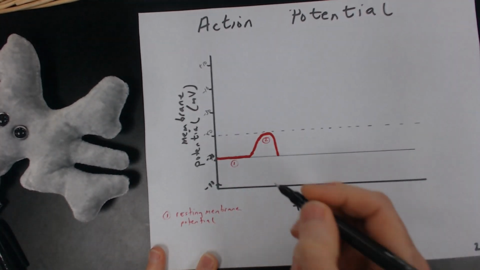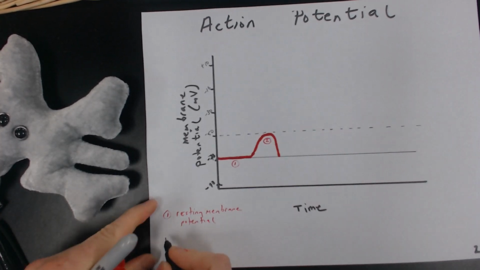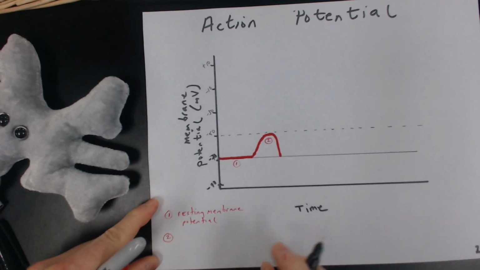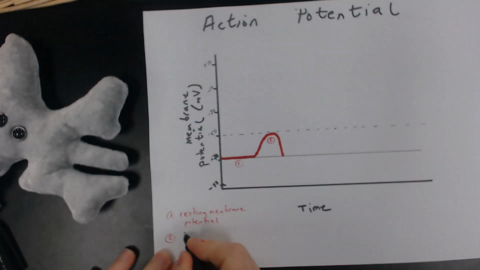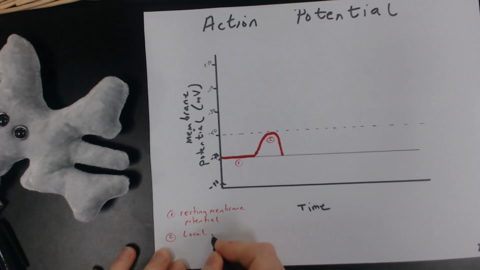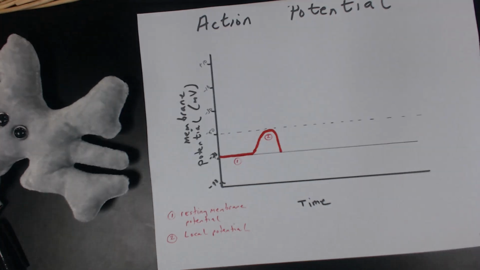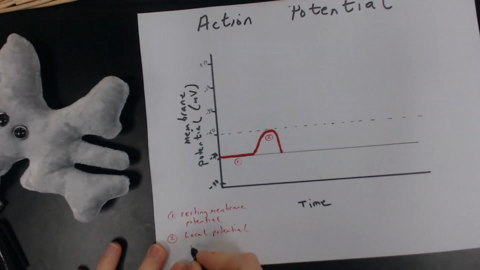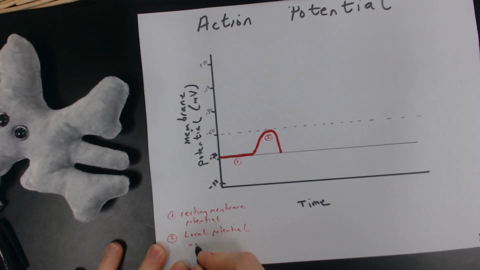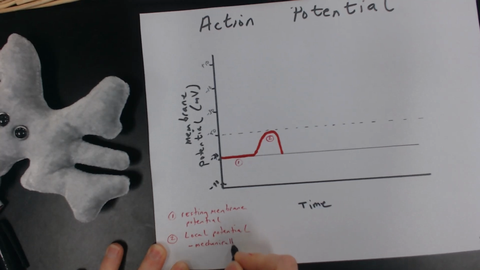I feel a little bit of something, but I didn't quite make it to minus 50. But this thing has to happen first before we can get to threshold. And that's going to be a local potential. The local potential has to happen first in order to trigger the action potential. And your local potential is mechanically gated.